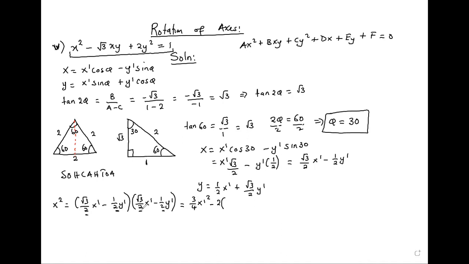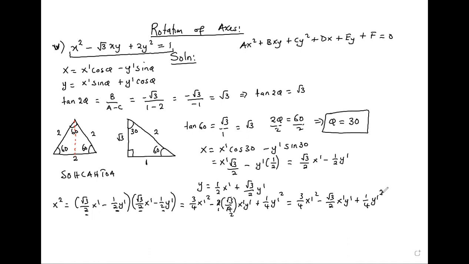So that is √3 over 4 x prime y prime, and then plus 1/4 y prime squared. Simplify 1 here, 2 here. So we have 3/4 x prime squared minus √3 over 2 x prime y prime plus 1/4 y prime squared.